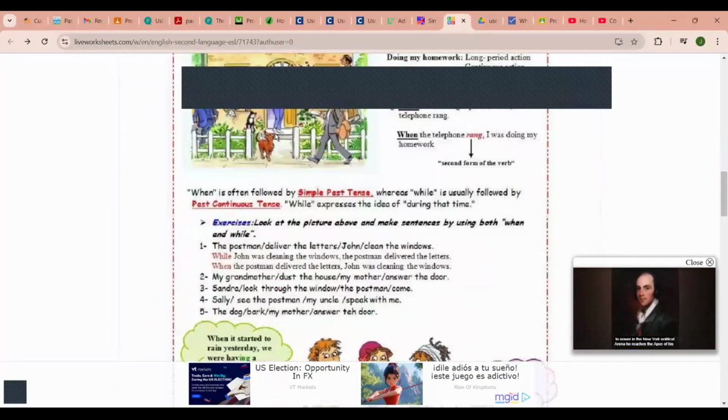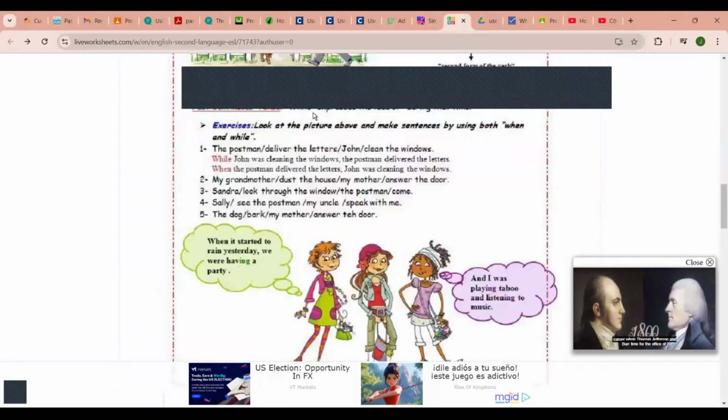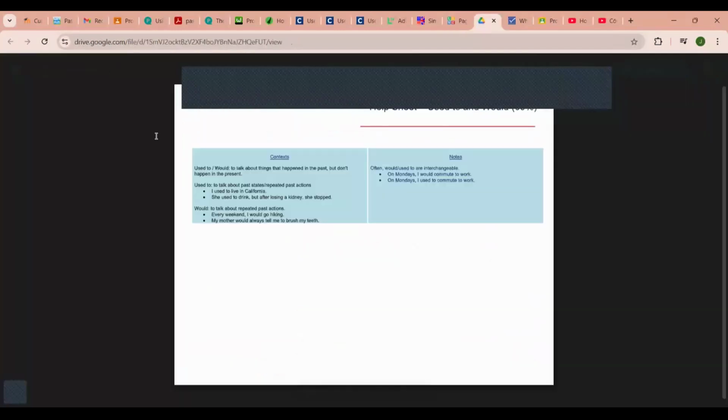All right, a quick little fun activity here. As I mentioned, past habits, like present habits we did in unit 2, are very commonly spoken about. So we're going to look at used to specifically for past states and habits.